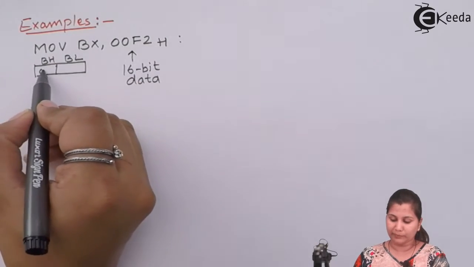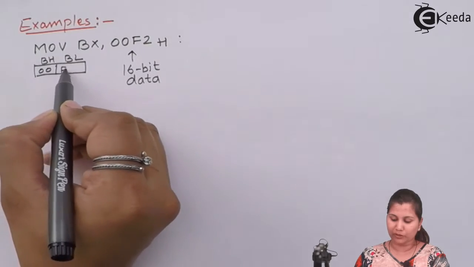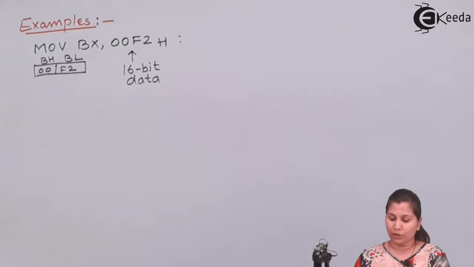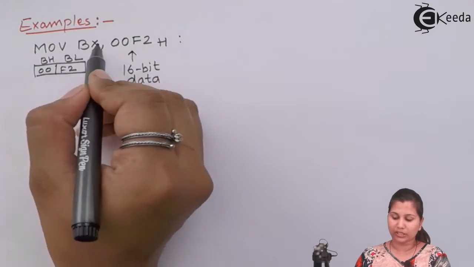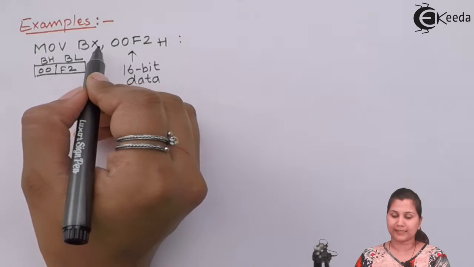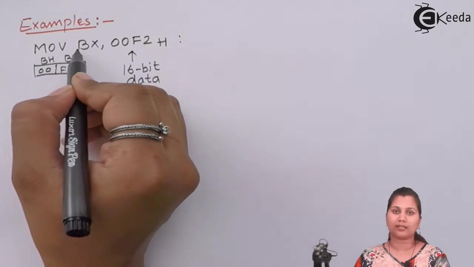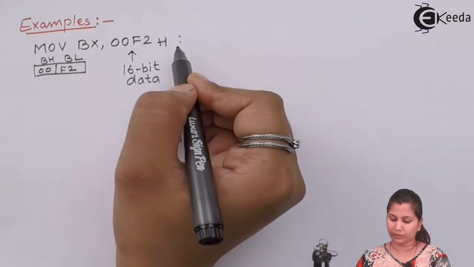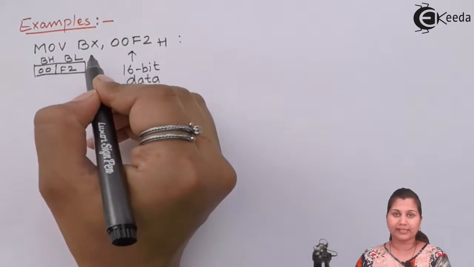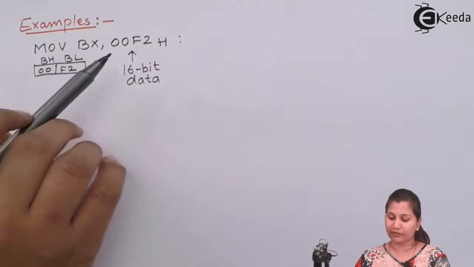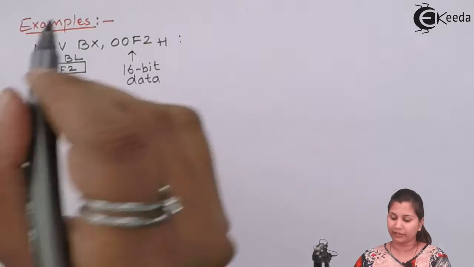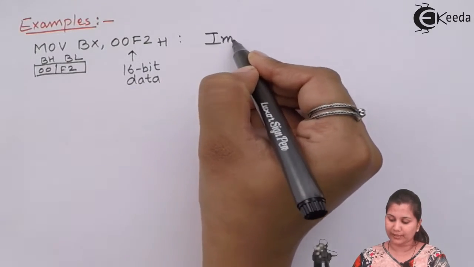So 00 will be stored in BH and F2 will be stored in the lower byte. Here you can see the size of the source and destination is the same. It is 16-bit data, so the destination is also 16-bit. And this type of addressing, where the immediate data is available in the instruction itself, is the immediate addressing mode.